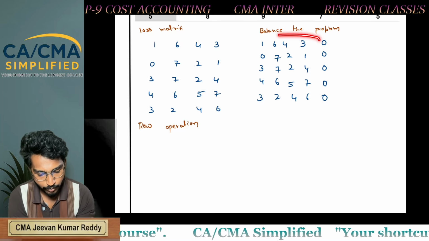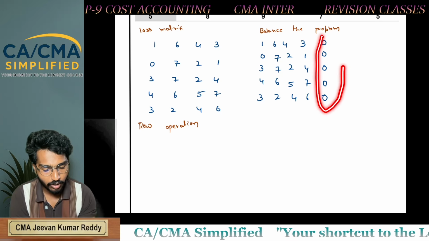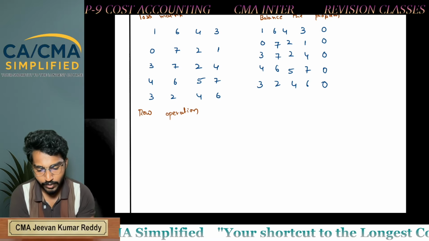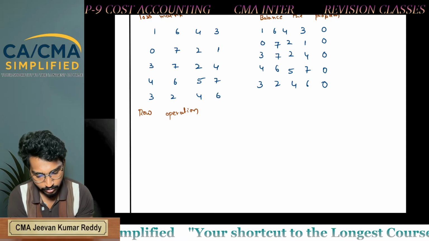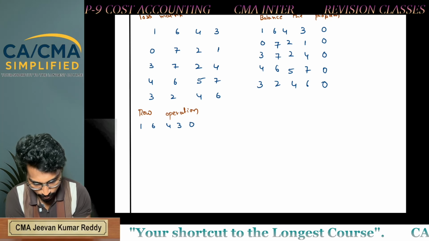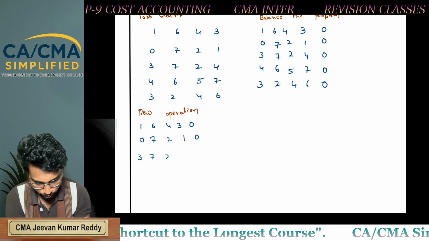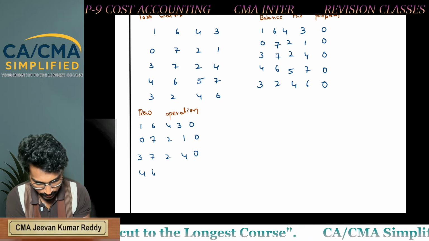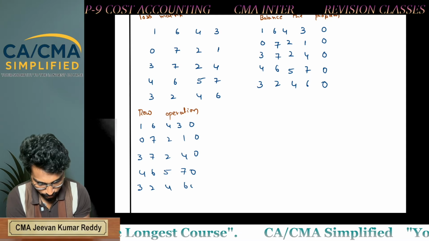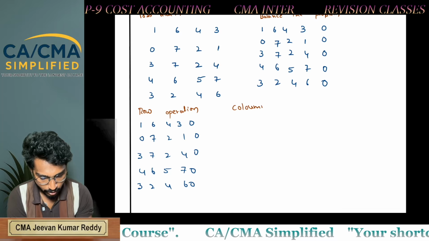If you perform row operation, the same matrix will appear again, because in all rows 0 is there. Next, the matrix is 1, 6, 4, 3, 0, 0, 7, 2, 1, 0, 3, 7, 2, 4, 0, 4, 6, 5, 7, 0, 3, 2, 4, 6, 0. Next, column operation.